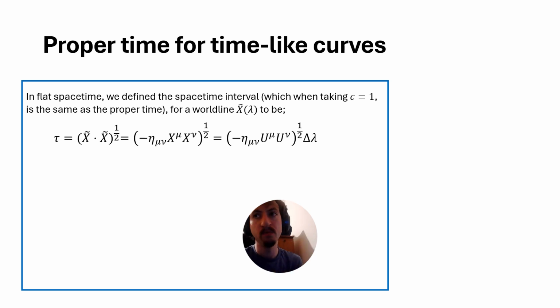But we can also write the equation for proper time in terms of full velocity, bearing in mind that full velocity is defined to be the derivative of full position with respect to proper time. And so there are lots of ways of writing it.